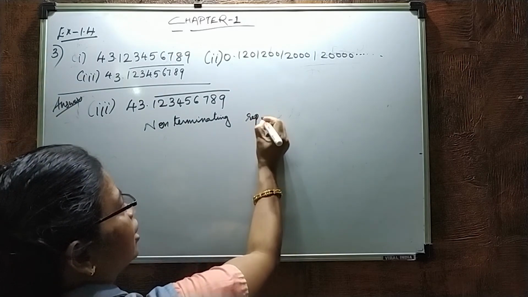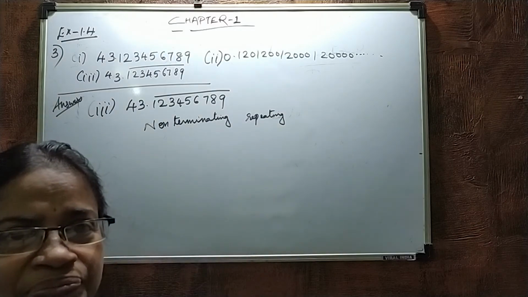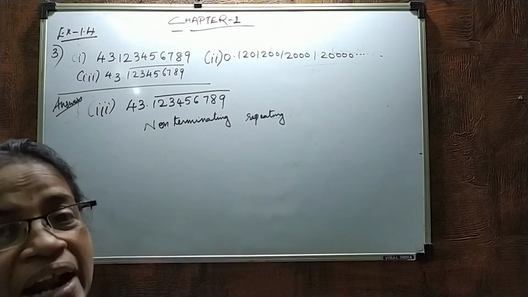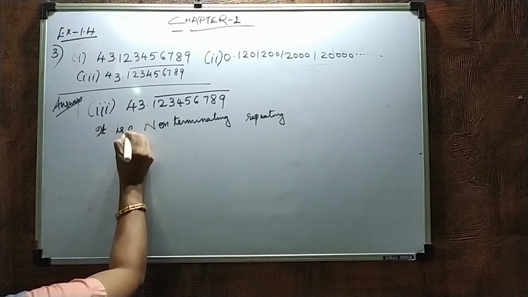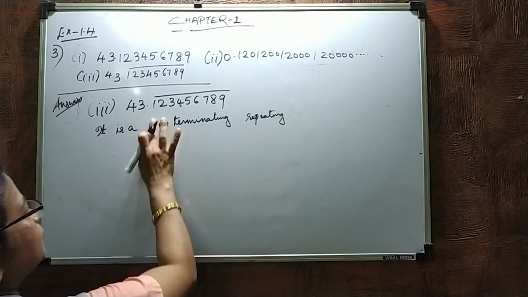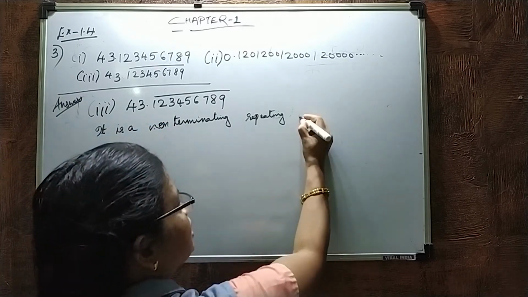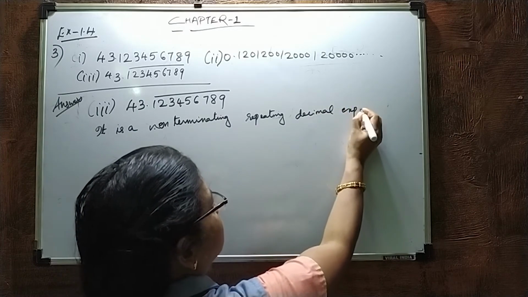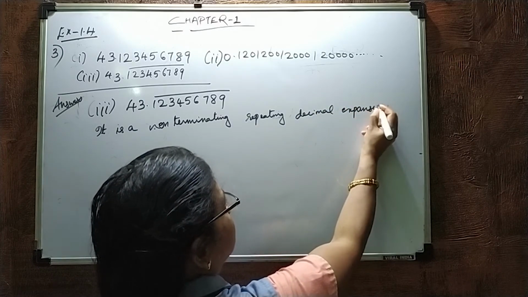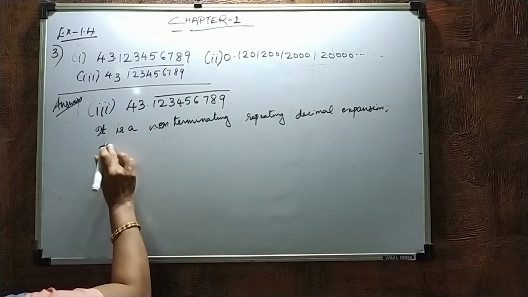Non-terminating, repeating means what? Is it rational or irrational? It is rational. So it is a non-terminating, repeating decimal expansion. Therefore, it is rational.